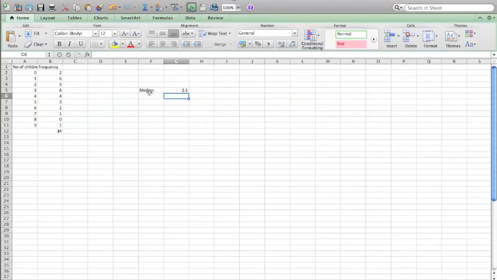Okay? Now in terms of average, how do you do it for a frequency distribution? So what you do is, and this is the formula, you add up all the number of children multiplied by the frequencies. Okay, so I'm going to put here number times frequency.